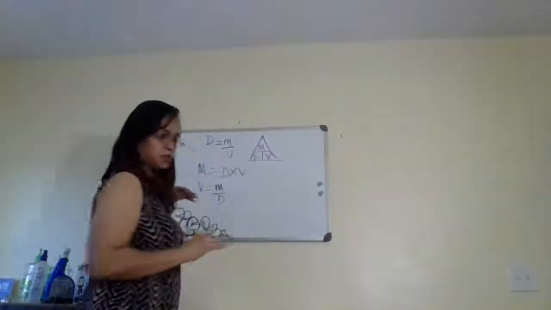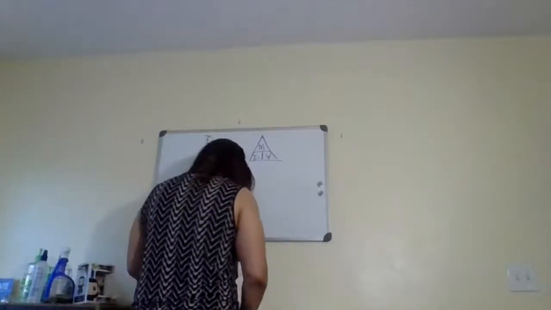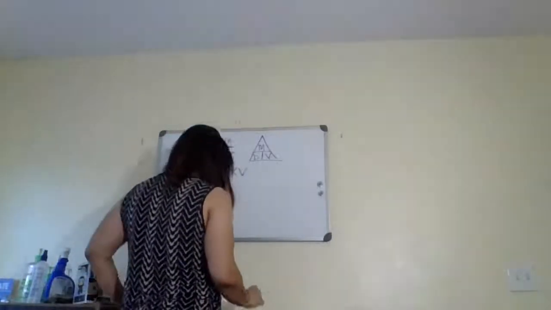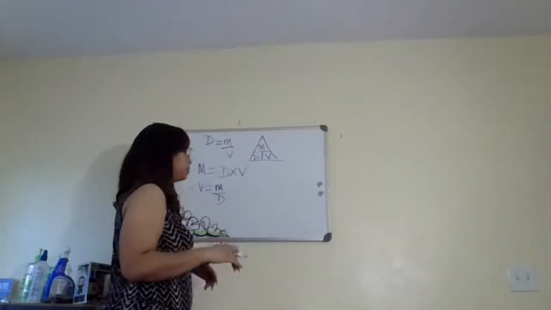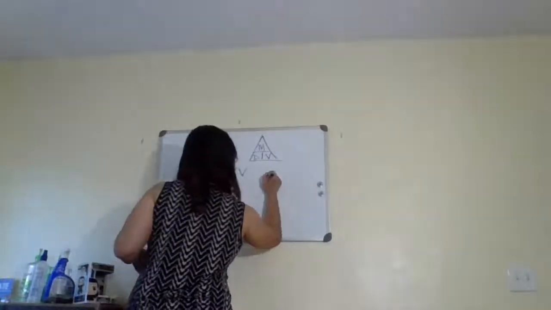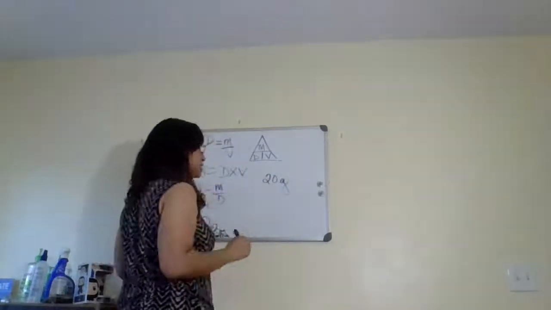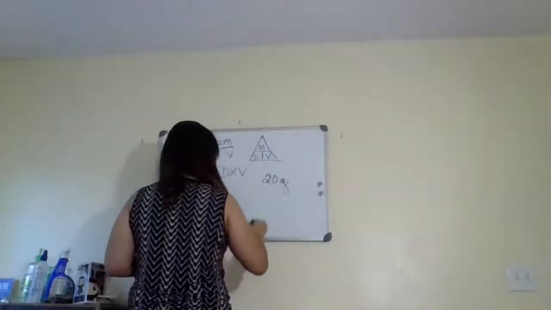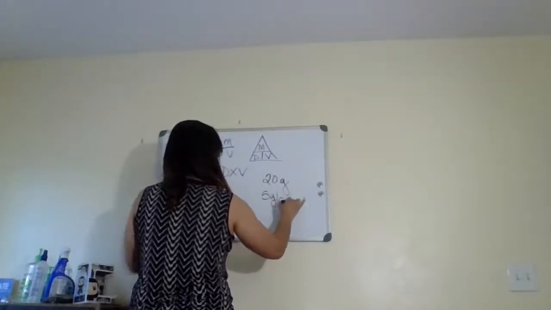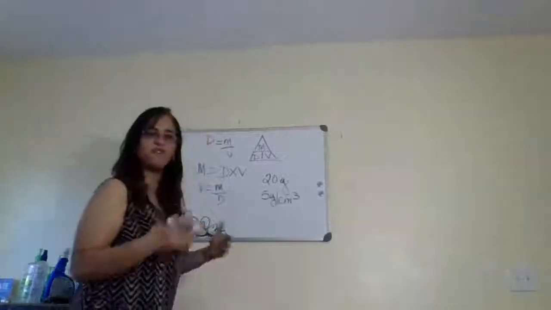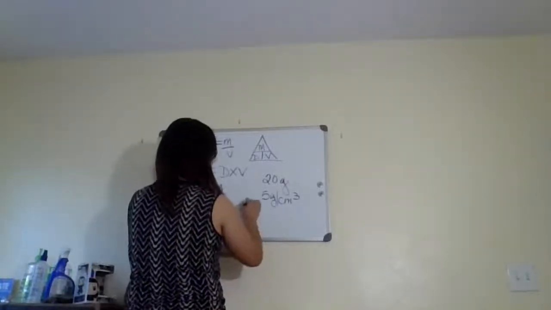So in terms of practice problems, if we have an item that has a mass of 20 grams and its density is 5 grams per cubic centimeter, then what is the volume of the substance?